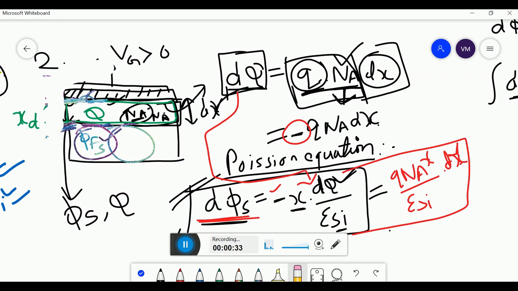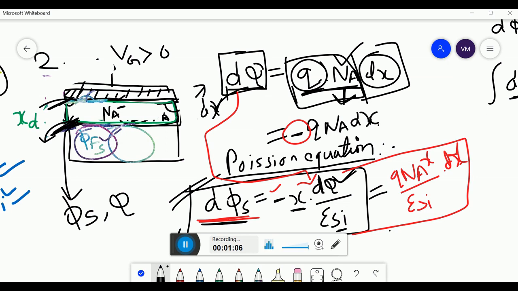We are considering only this much portion. And there is a depletion layer. Now this depletion layer consists of negative ions. We all know that. Now we want the limit of integration, the limit of surface potential. Potential from this place to this place.